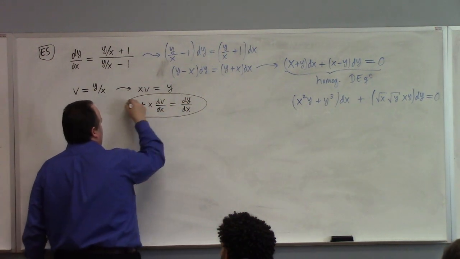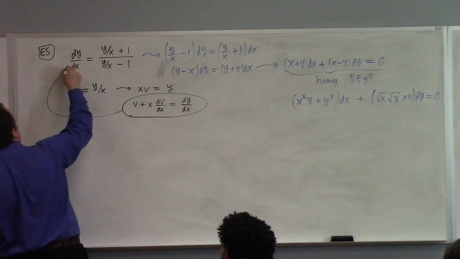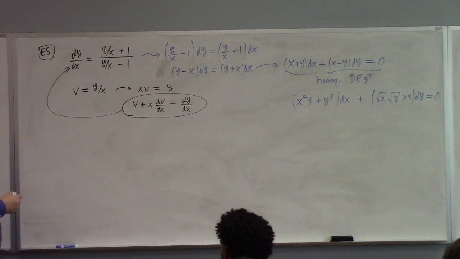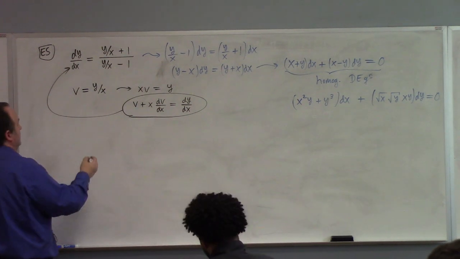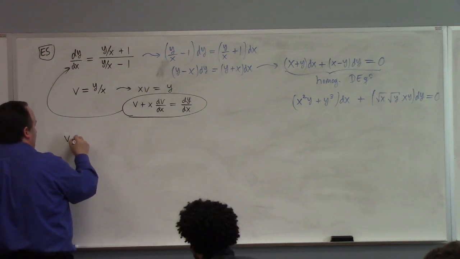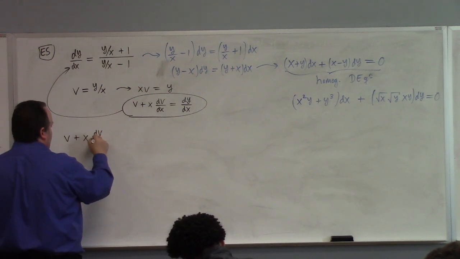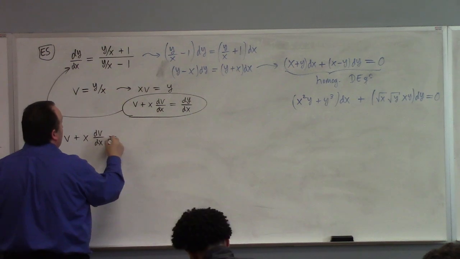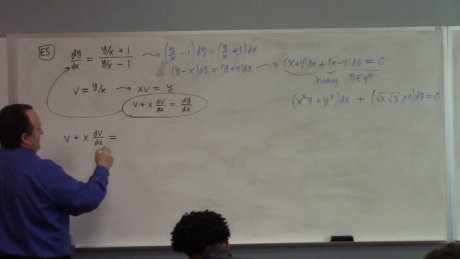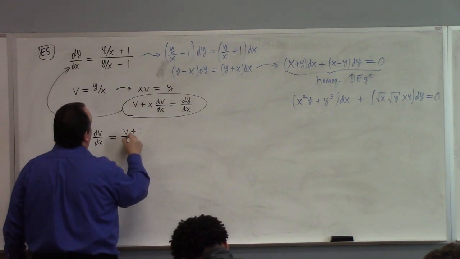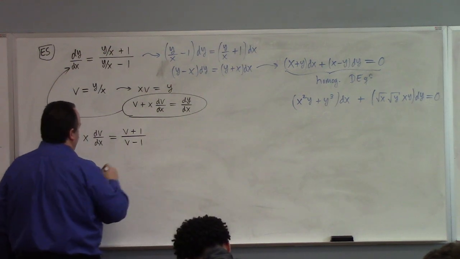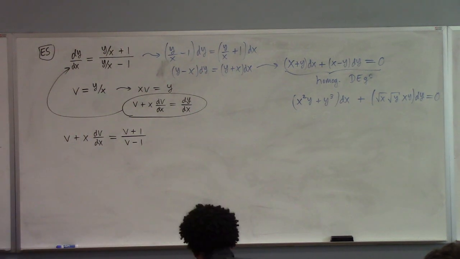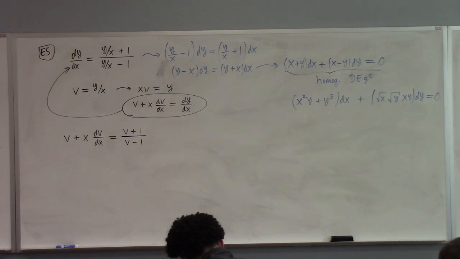So that's nice because we can take that and put that up here, right? And so with this substitution, we got ourselves v plus x dv/dx equal to, well, apparently v plus 1 over v minus 1. It's a little scary looking, I guess.